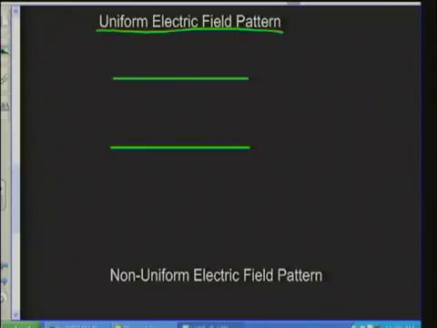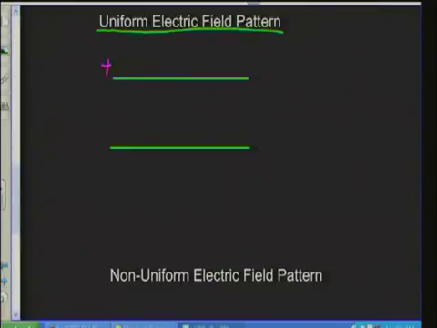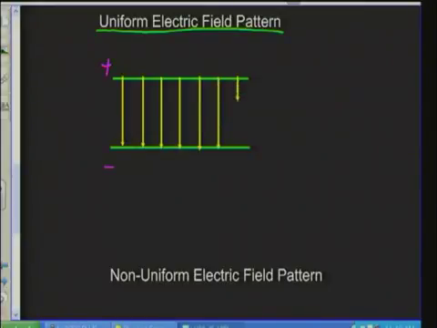Those plates are parallel to each other, and this one is positive and this one is negative. What I would have here are electric field lines that are parallel to each other. I'm trying to make sure that they are equidistant from each other, so that you see how to do this.